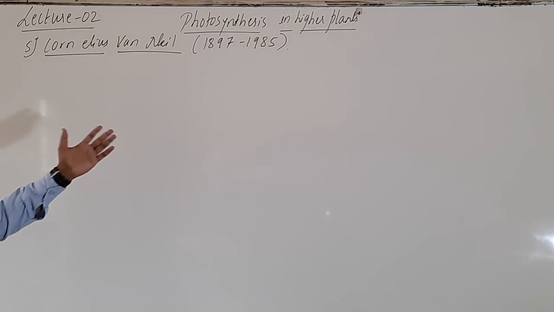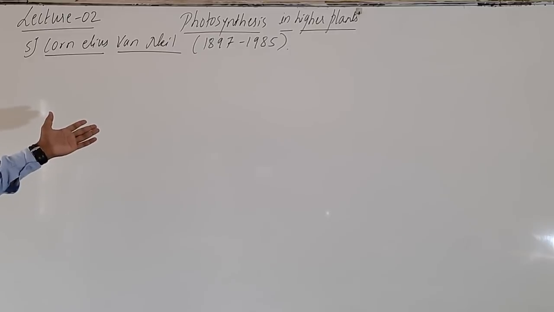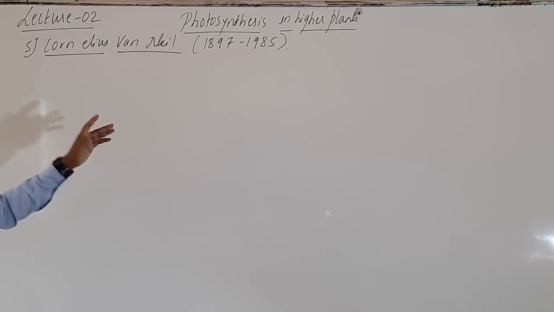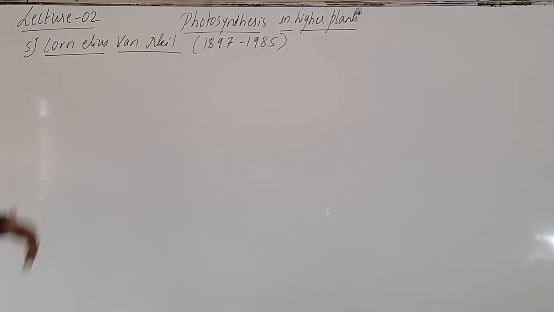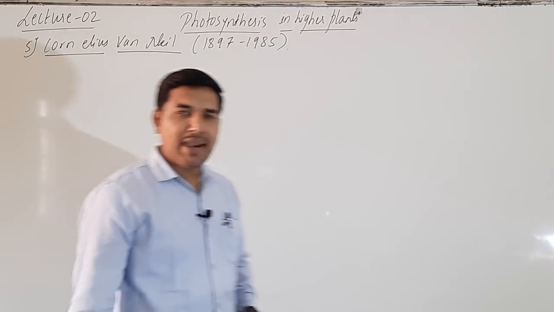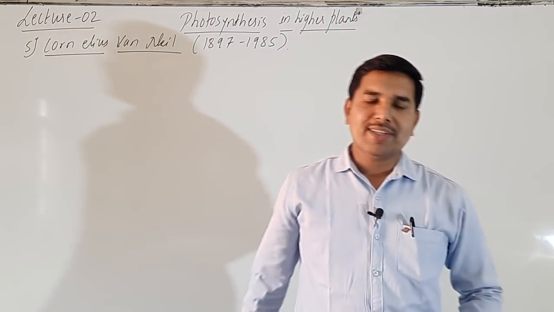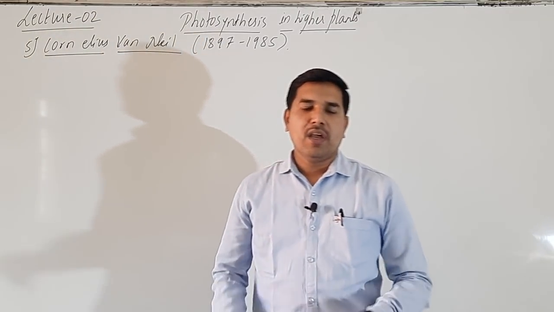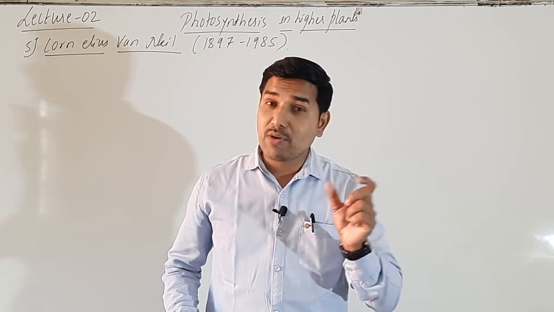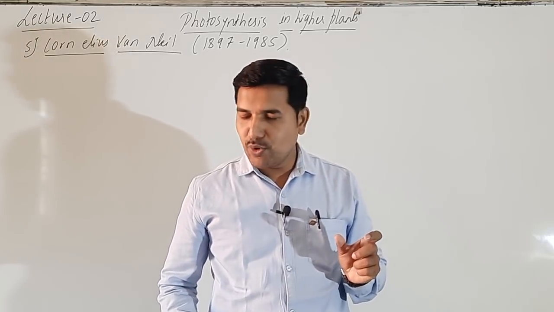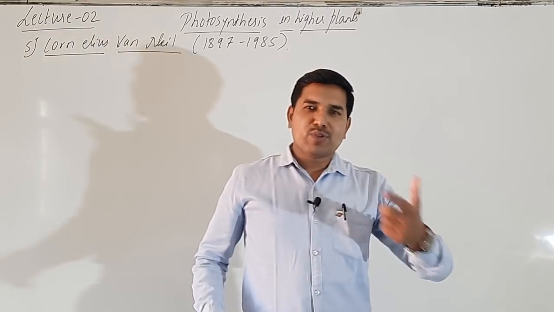So, what he has stated, right? Now, he has given a milestone experiment just to show that oxygen which is liberated during the process of photosynthesis, it comes from water, not from CO2 during the process of photosynthesis.